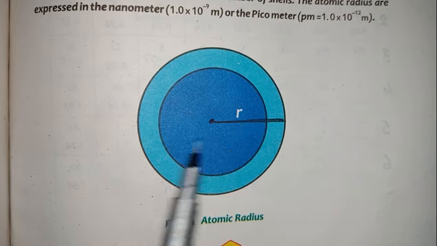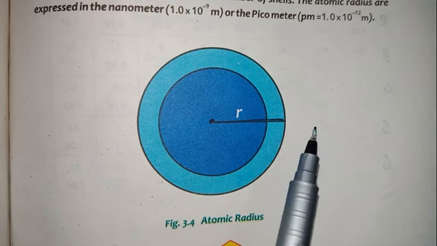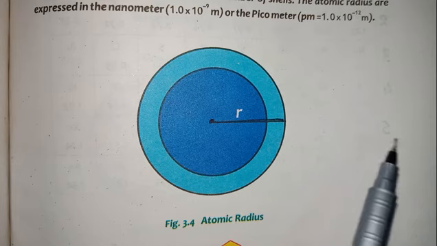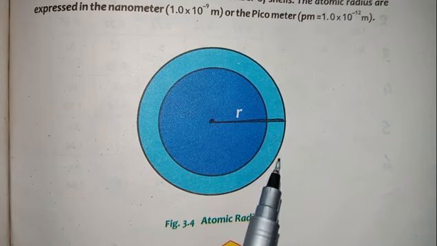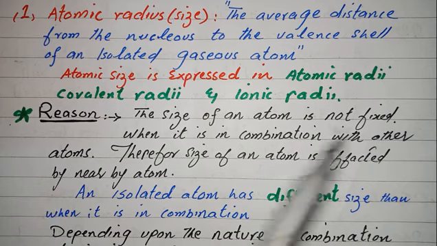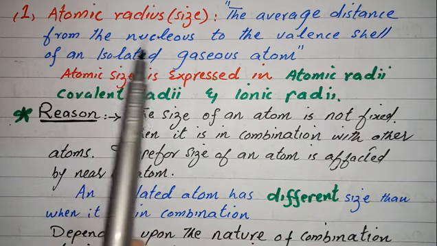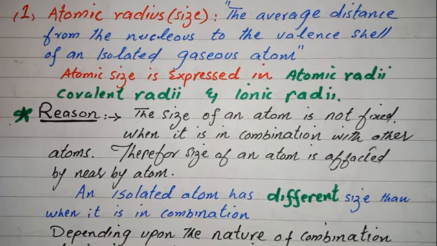Sometimes the size of an atom decreases when it is in combination with a certain atom, while in other cases the size increases. So the size of an atom is not rigidly fixed. It depends upon the neighbor atom with which it is bonded. By definition, the average distance from the nucleus to the valence shell of an isolated gaseous atom is called atomic size.